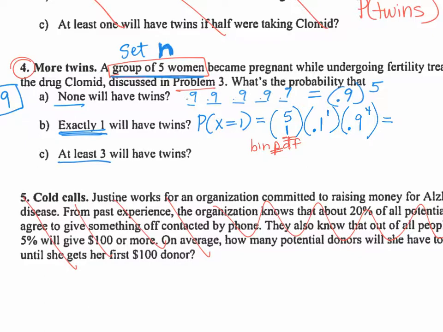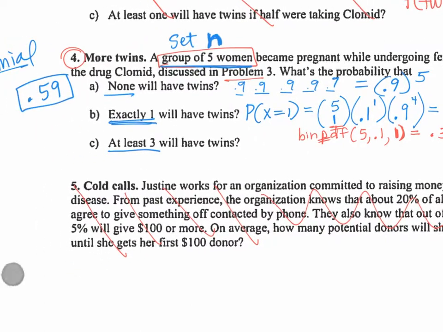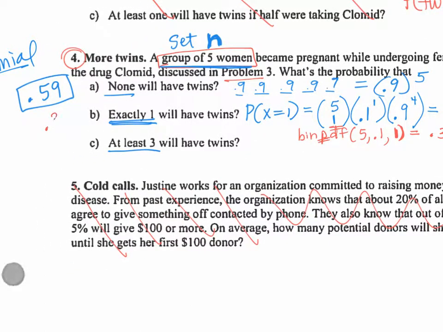So we would do binomial PDF of 5, 0.1, and I want exactly 1 success. So if you do that work correctly, you get 0.33 as the answer on this one. Okay, so 0.33 for part B.